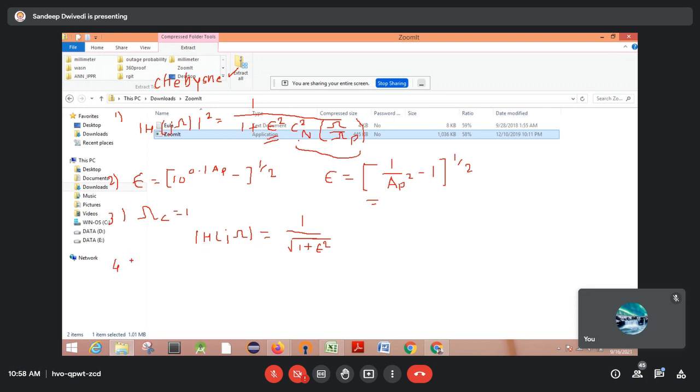Then the next one is the order of the filter, denoted by capital N. Now the order of the filter can be calculated by using this formula, that is H of j omega, the magnitude already calculated.